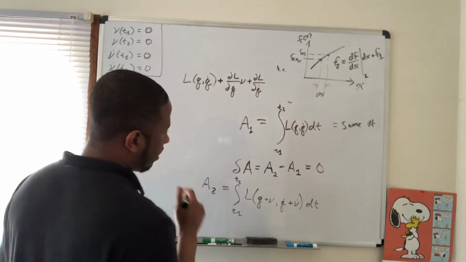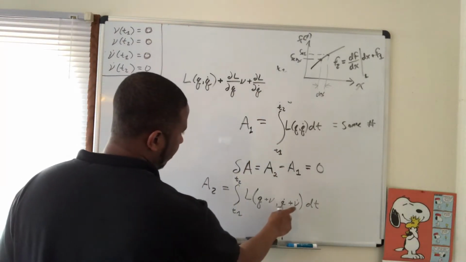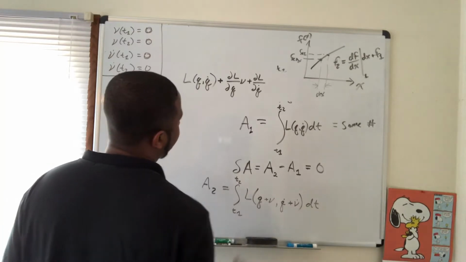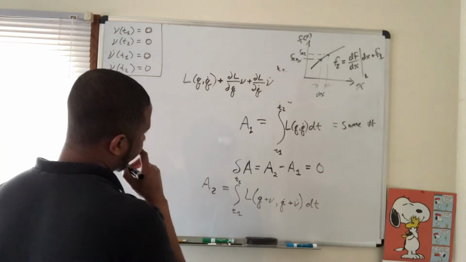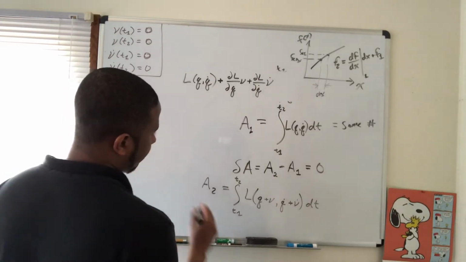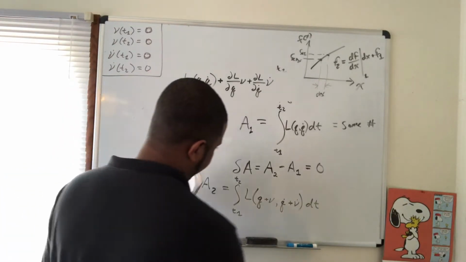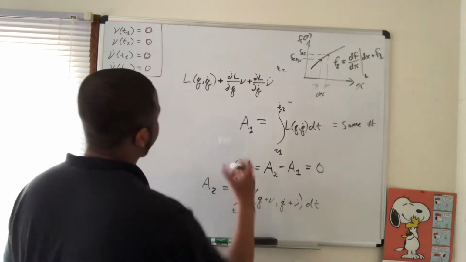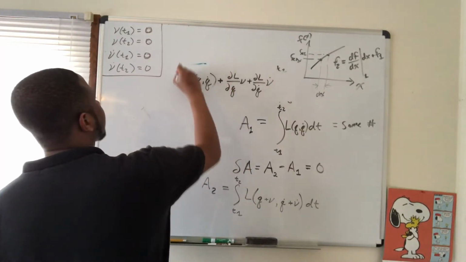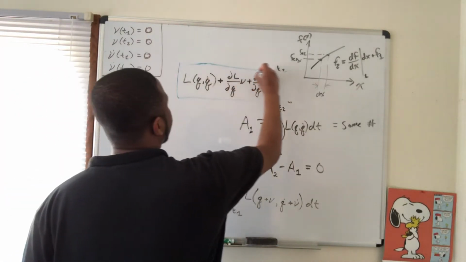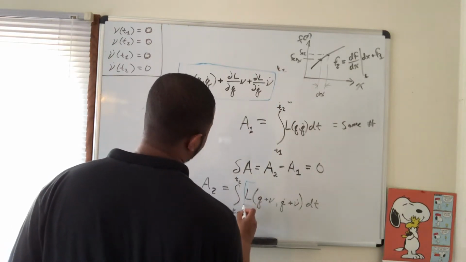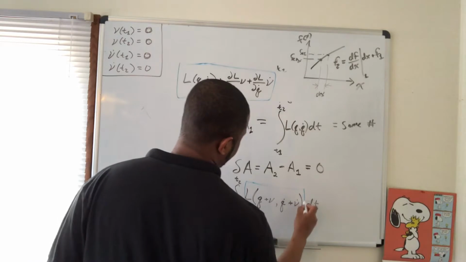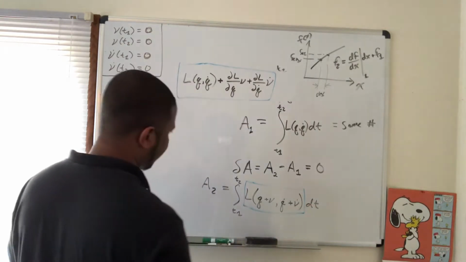Now how do we change Q dot? A very small change in Q dot was caused by V dot. Okay? So what are we saying now? We're saying that these two things are equivalent.